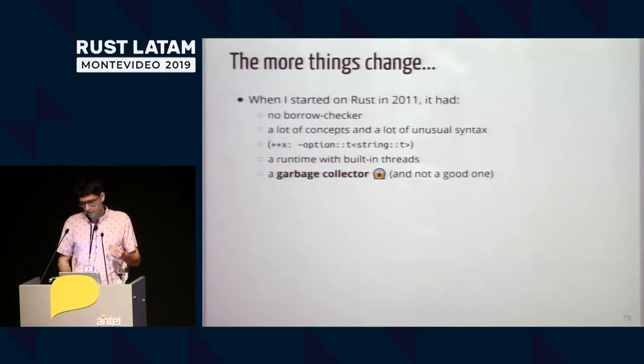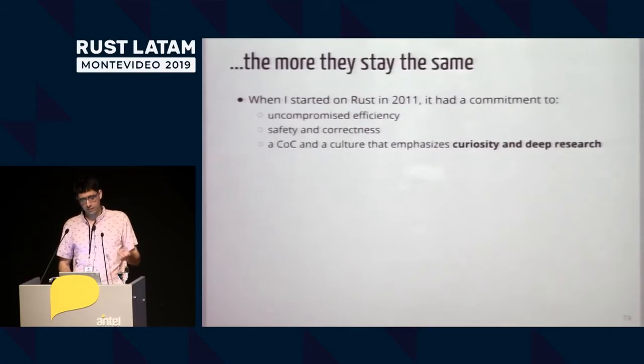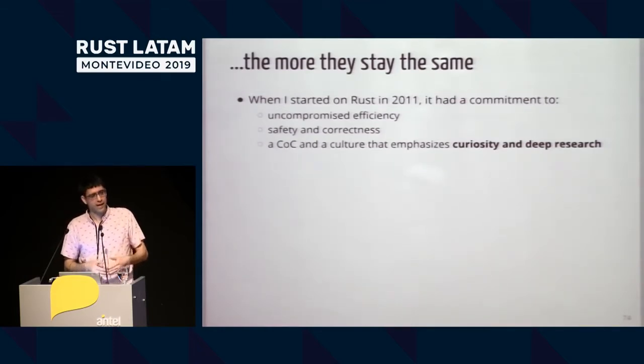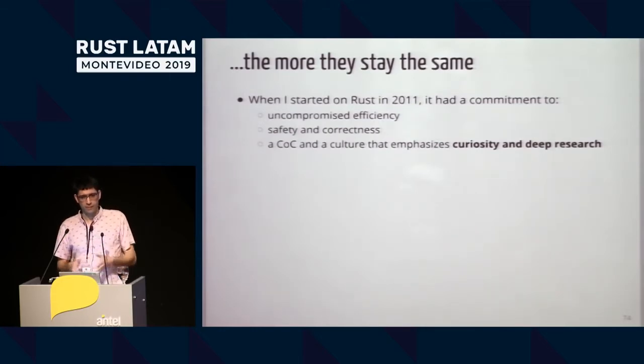But we had something else, though. We had something much more important, which is we had the right goals. We knew we needed it to be fast enough to replace C++, like really fast enough. We knew it had, however, to also be safe and emphasize correctness, because that was the problems we had. And we knew that we didn't know exactly how to do that, but that if we were going to find the way there, we needed to have a big community of people contributing ideas and concepts, right?